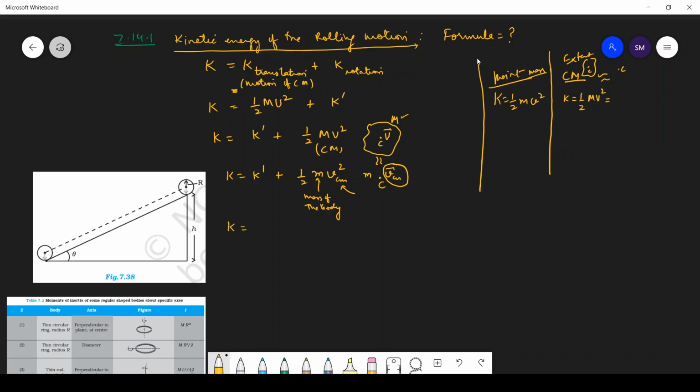I'm assuming that the whole mass of the body, which is capital M, and the velocity of the center of mass, so the whole body is concentrated at the center of mass. So I will be rewriting it as half m V CM square. Now here the difference between this v and this V CM is that v is your original particle.